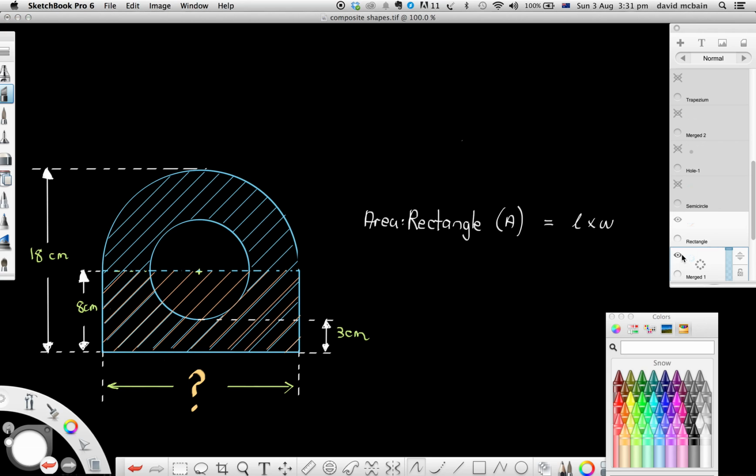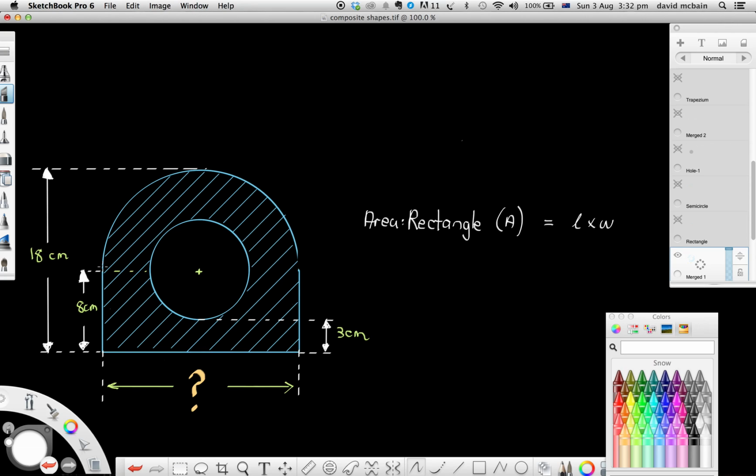Let's have a closer look at this. We don't know the length of our rectangle. But let's have a look at this shape here. We know that this is a semicircle.